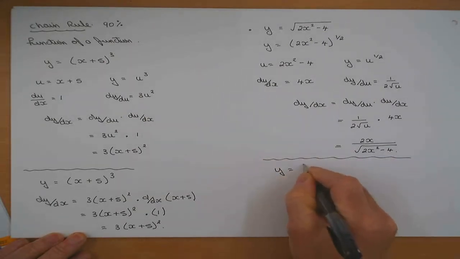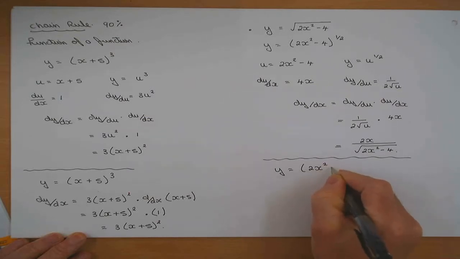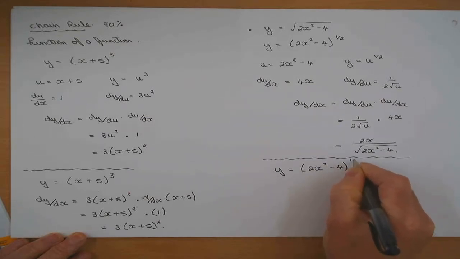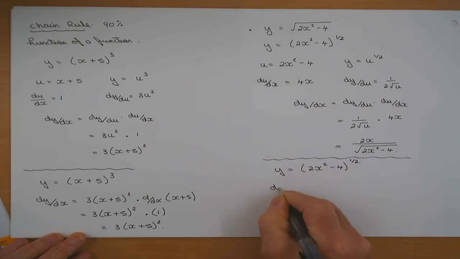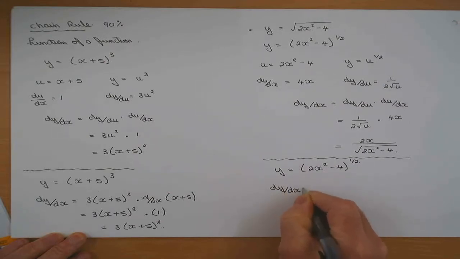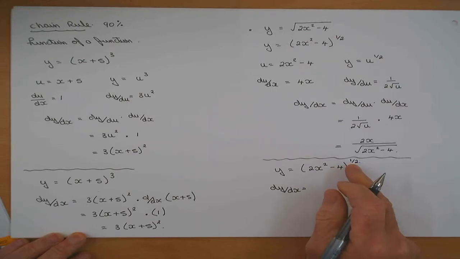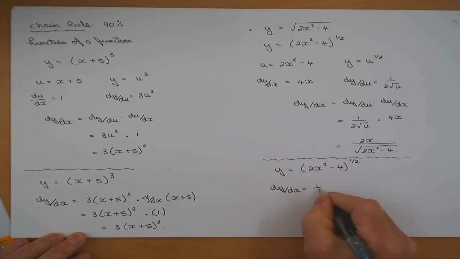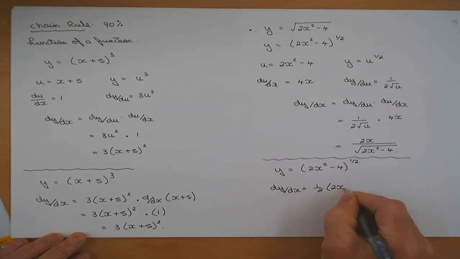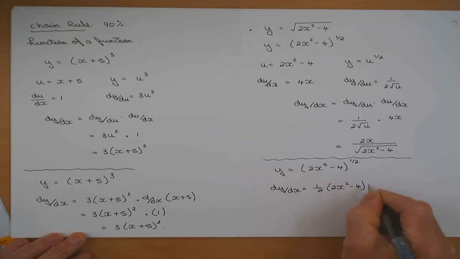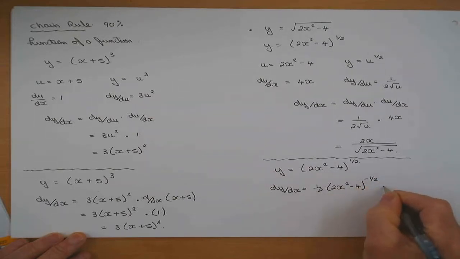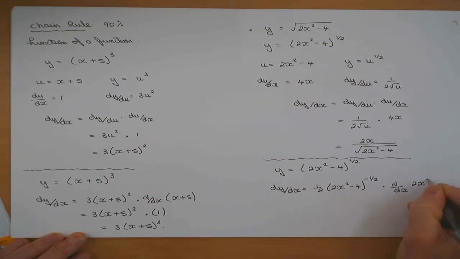You could have said y is equal to 2x squared minus 4 to the power of a half. Then dy/dx is equal to, you treat that as an x, so it's a half that to what power? So it's a half 2x squared minus 4 to the power of minus a half by the derivative of what was inside, 2x squared minus 4.